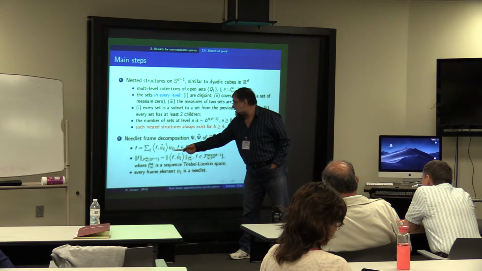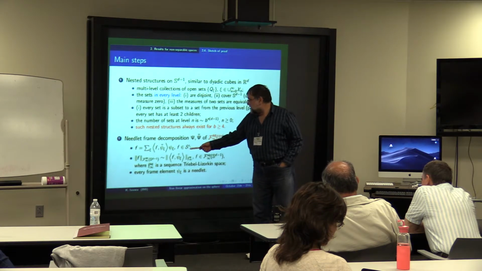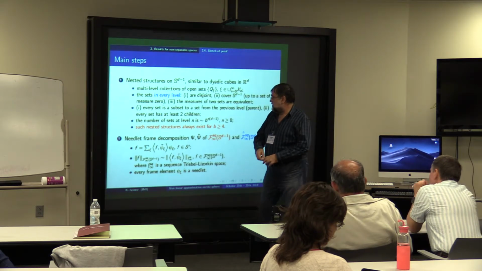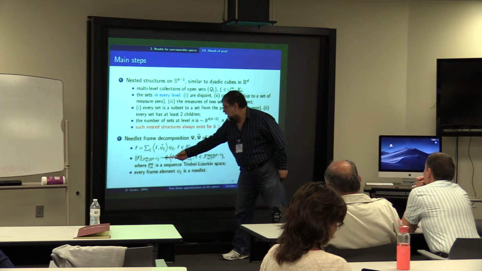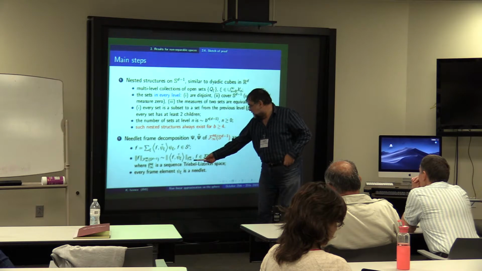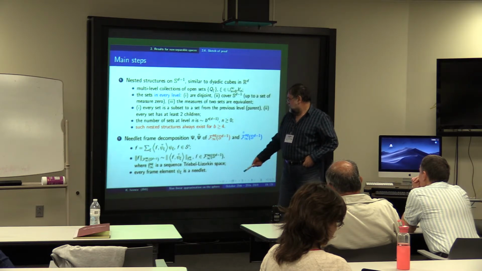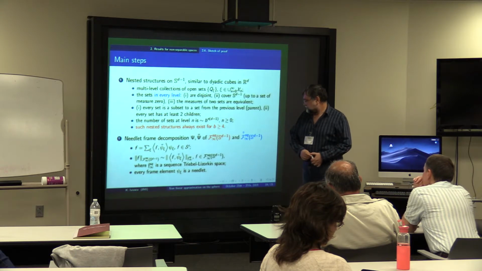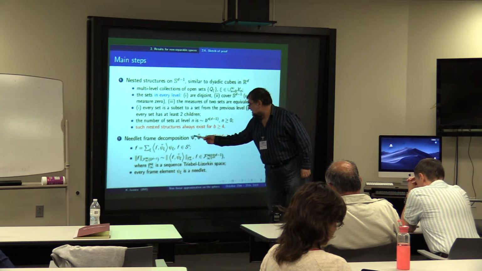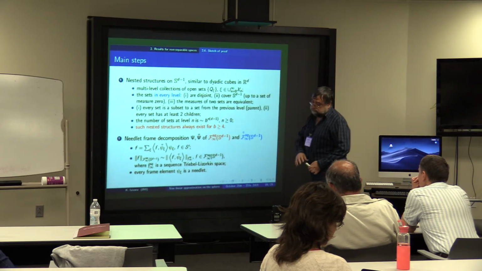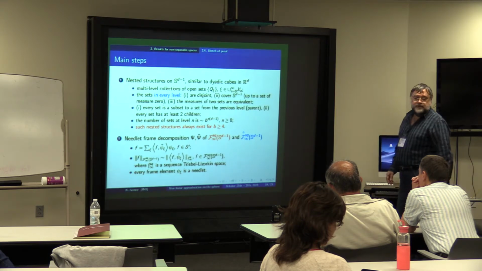Okay, with this property here, you can represent every function f, a distribution, with this formula, and you also have equivalent norms of the function norm here, which I have written, and the sequence norm of the corresponding sequence space. So you can go back and forth from the function space to the sequence space. And also all frame elements of this needlet frame decomposition are needlets. Needlets means polynomials.